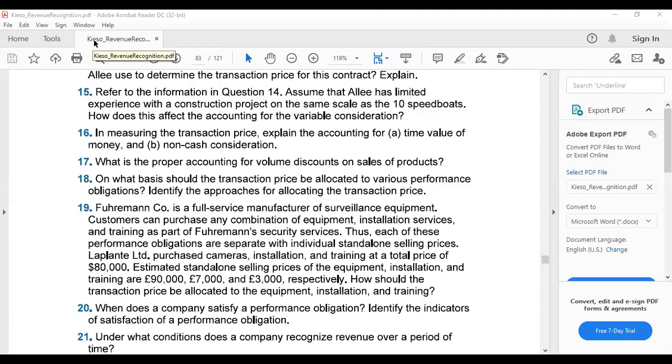So what about number 19, class? Who's going to read it? Annalie? Yes, sir. Foreman Corporation Company is a full-service manufacturer of surveillance equipment. Customers can purchase any combination of equipment, installation services, and training as part of Foreman security services. Thus, each of these performance obligations are separate with individual standalone selling prices.